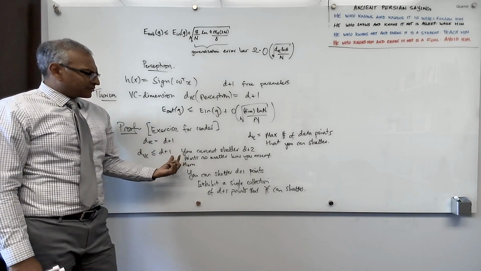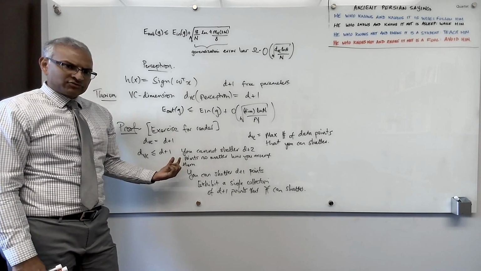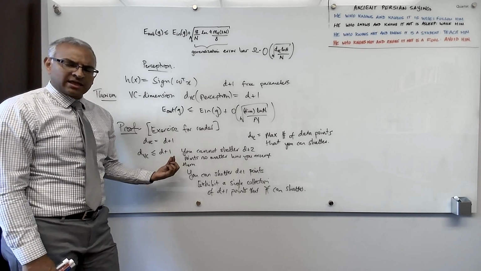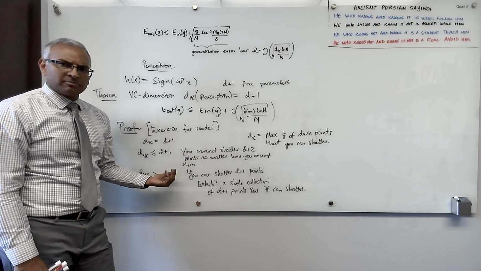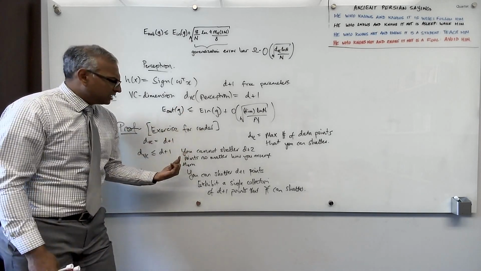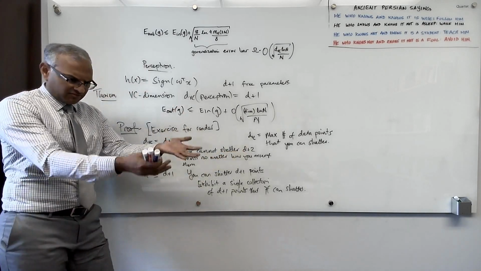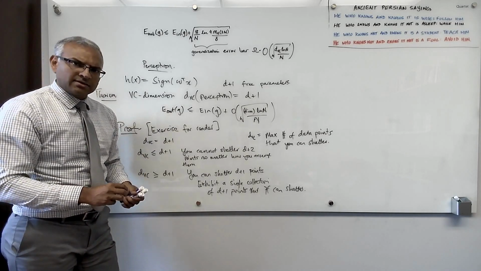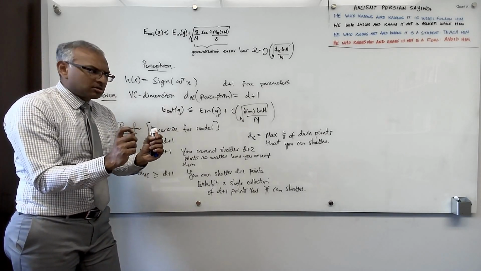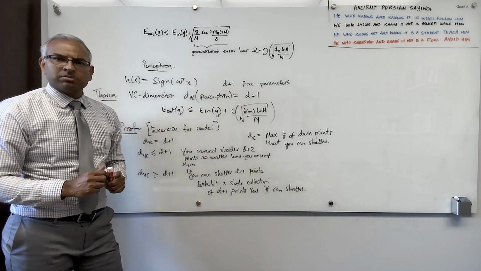Okay, so you have to sort of play an adversarial game. The best way to show this is to play an adversarial game. Give me any d plus 2 points. And now show that you can construct a dichotomy that's provably not implementable.